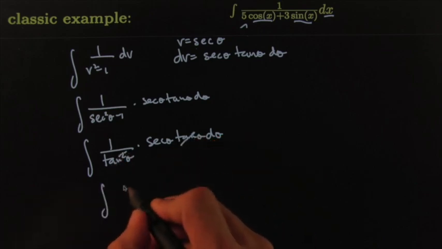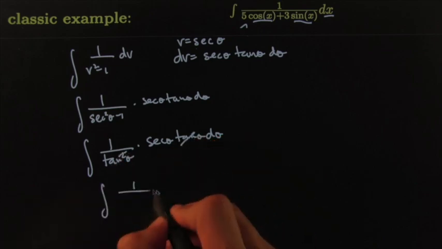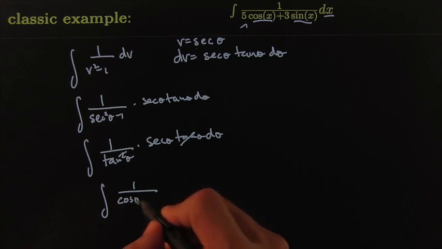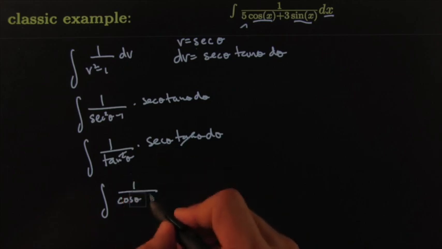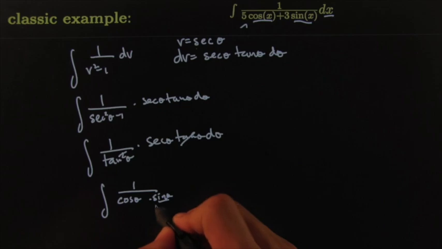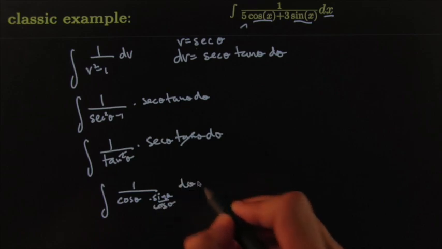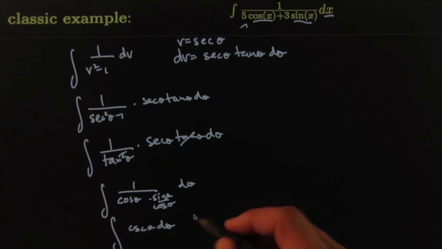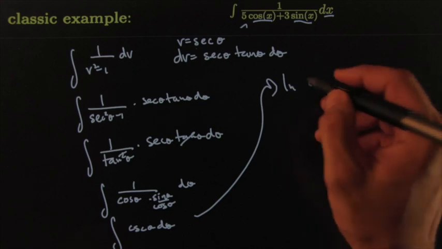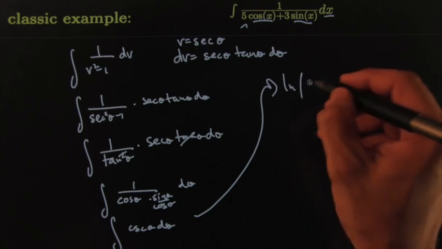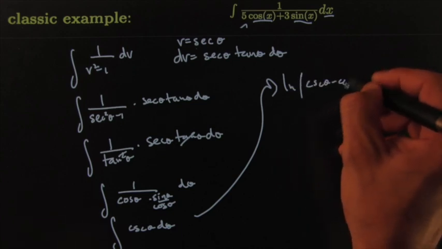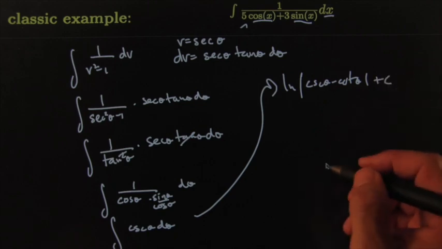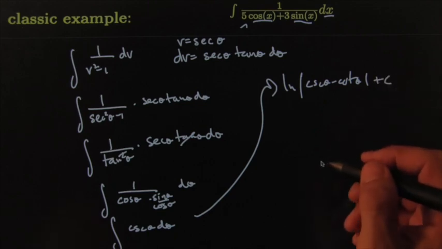Now you've got a secant, which is 1 over cosine theta, and one tangent left, which is sine theta over cosine theta, d theta. The cosines cancel, and that becomes a cosecant theta d theta, which of course is famous. It's the ln of the absolute value of cosecant theta minus cotangent theta plus a constant. Wow, that was nice, huh?